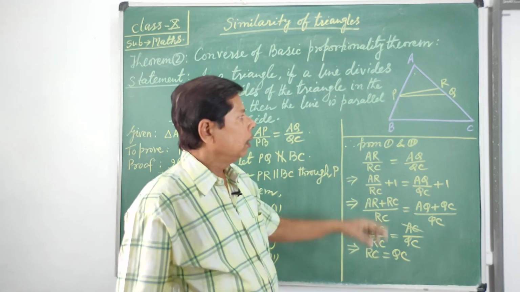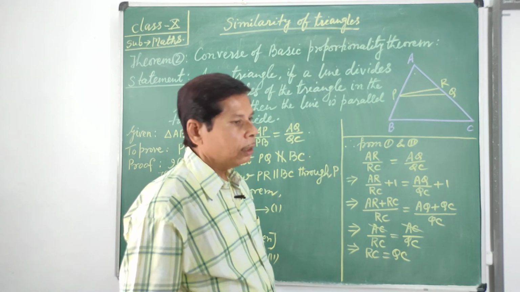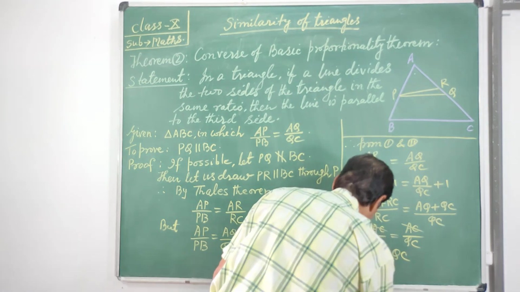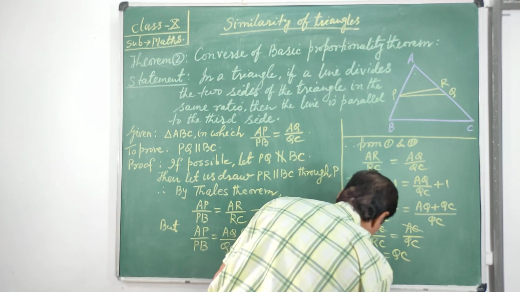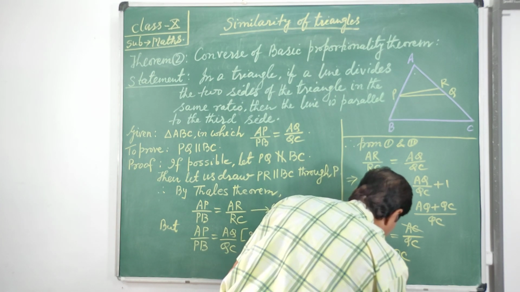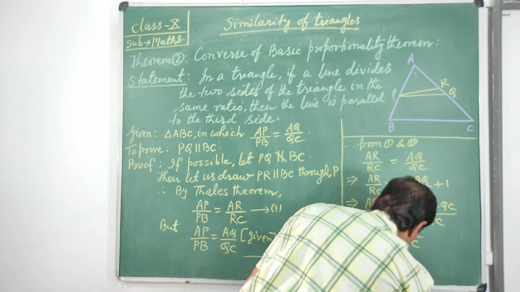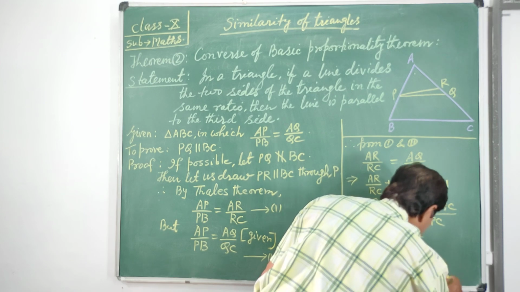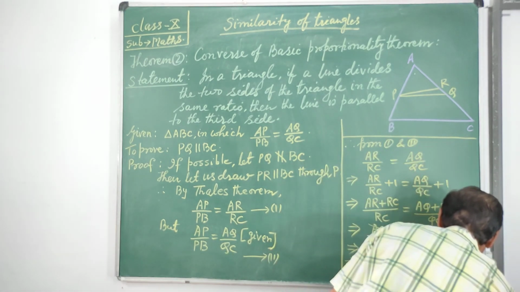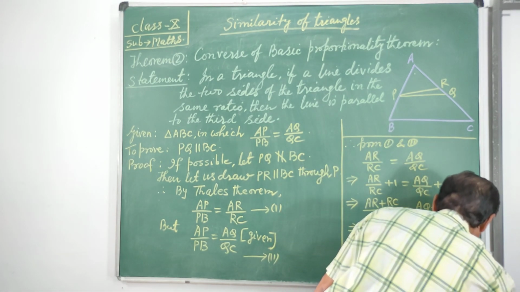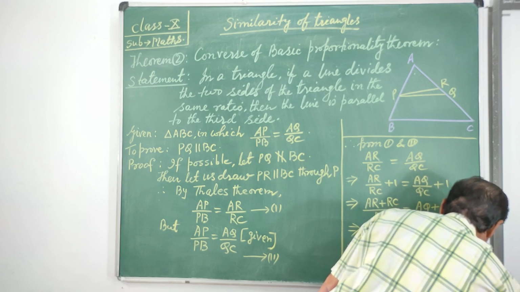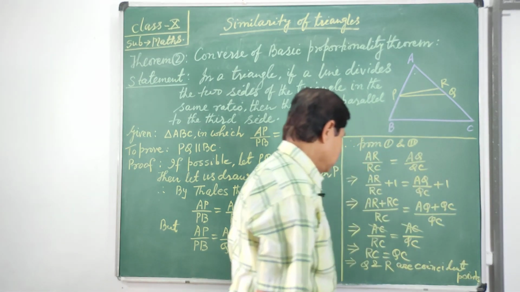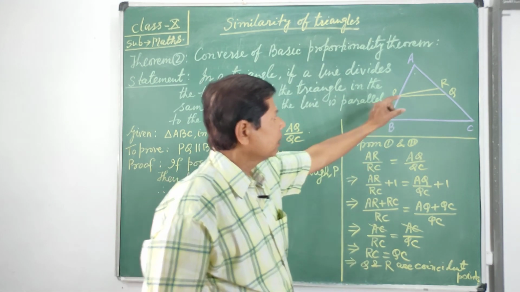What does it mean? That means Q and R are the same point. This implies Q and R are coincident points. Coincident points means they are the same point.